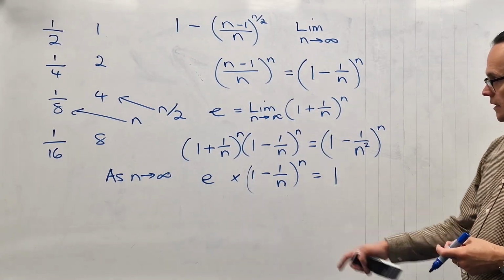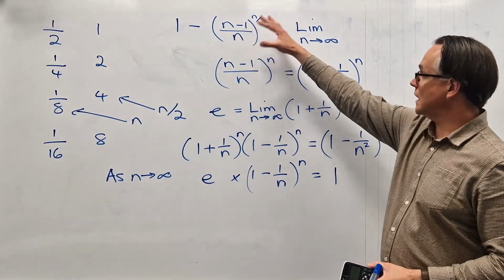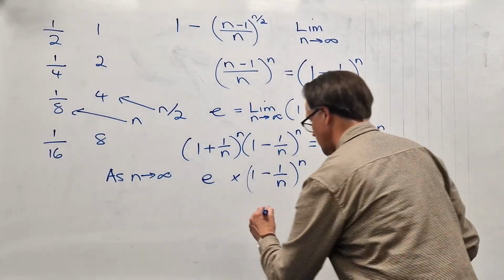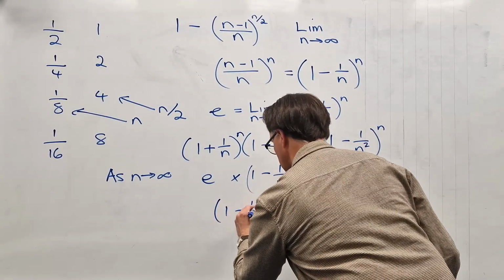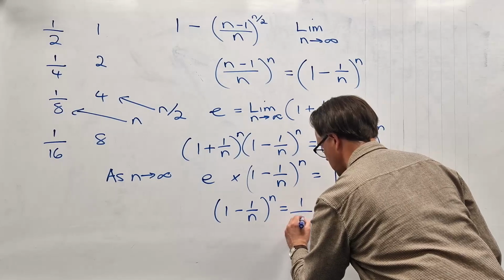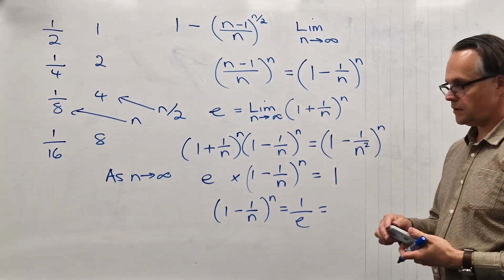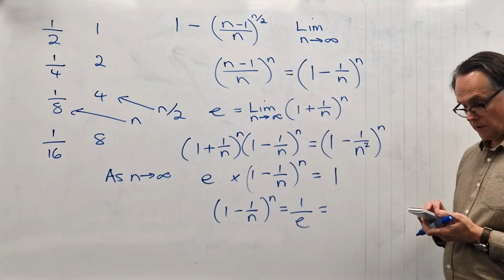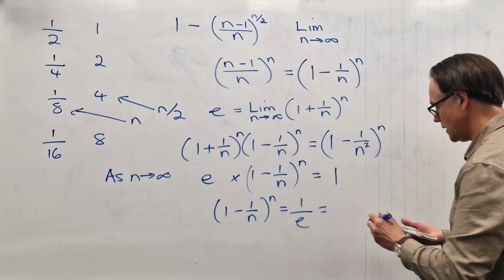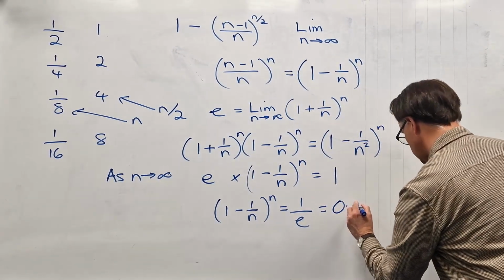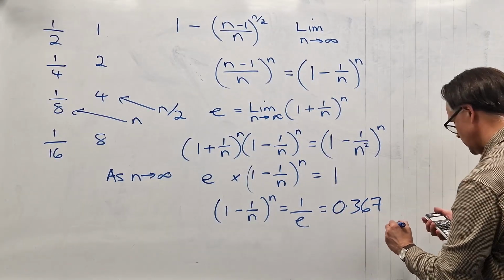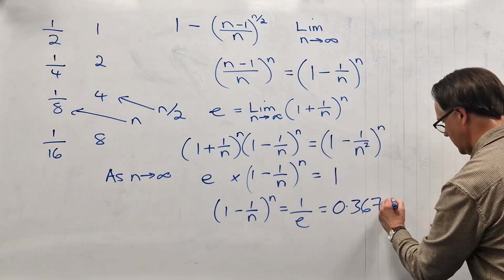So that means that as n gets infinitely big, this here becomes 1 divided by e. And 1 divided by e, according to the calculator, is 0.3679, let's say.